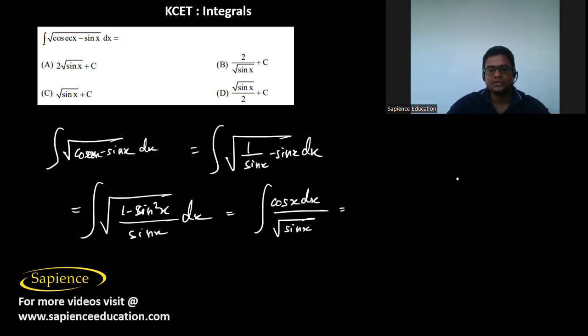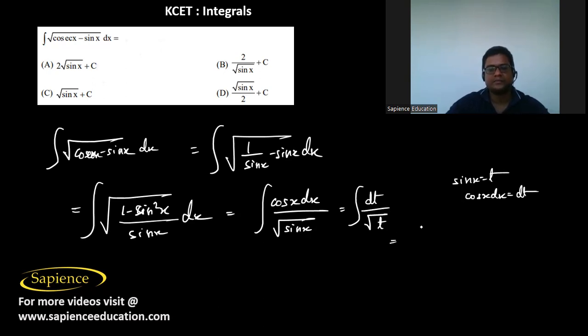So if we take sin x as t, then cos x dx will be equal to dt. Integral dt by root t.